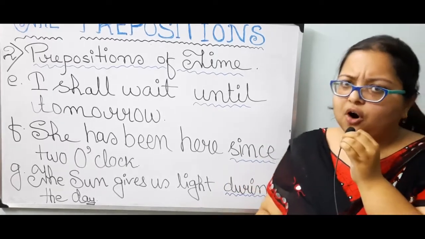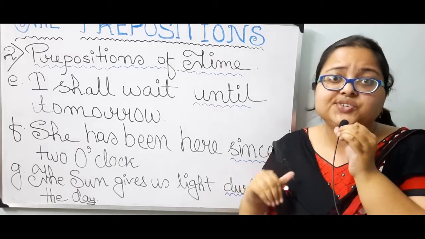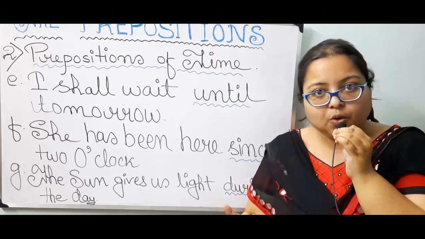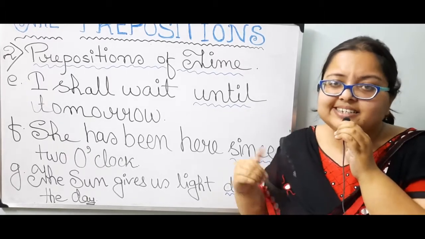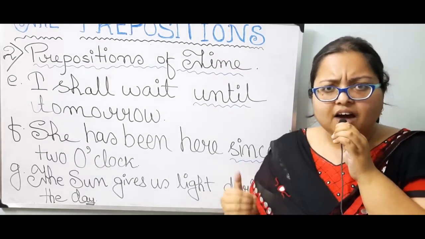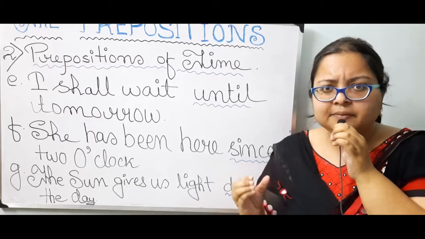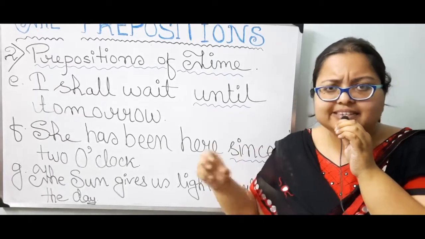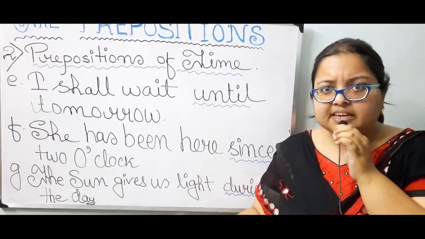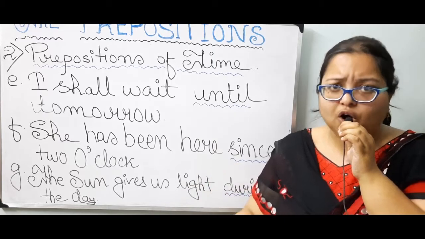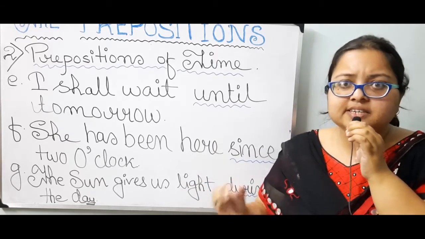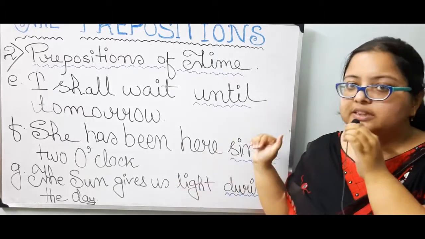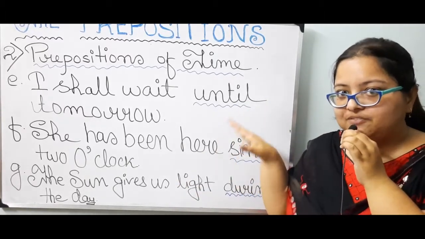In case of "for," the matter is just the opposite. When you are not sure, and you are estimating in a very rough way, or you are telling an average estimate of something, in a rough way, and you are not sure of it. So "for" is used in that case, unlike all these prepositions, as I have told you.